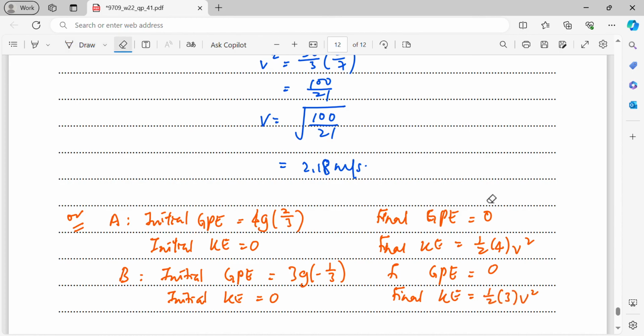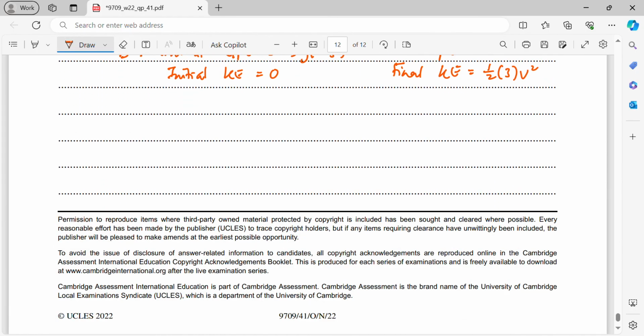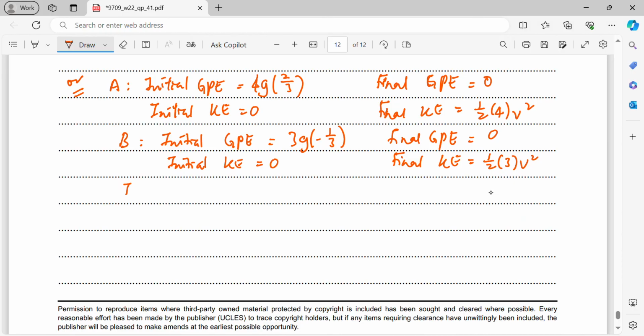Alright, so from here, just substitute into the same formula. I write initial ME equals to final ME. Just plus these two together for the initial mechanical energy.